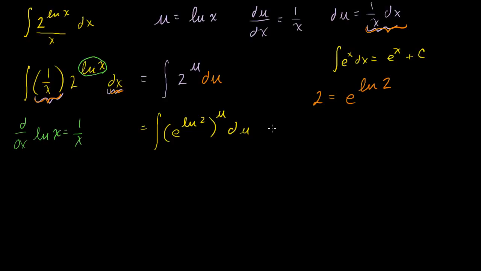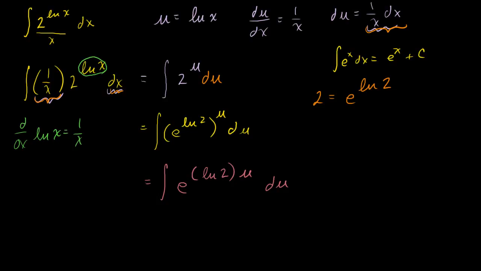So this is equal to the integral of e to the natural log of 2 times u, du. I'm just multiplying these two exponents. If I raise something to something, then raise it again, we know from our exponent rules that it's just the product of those two exponents.